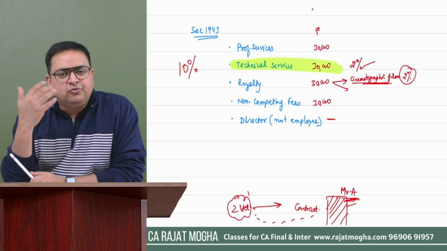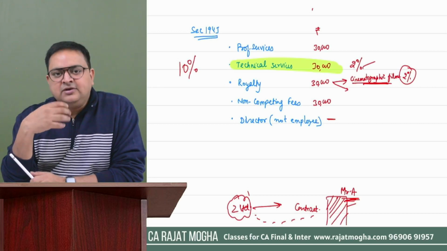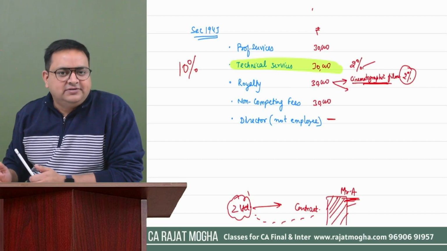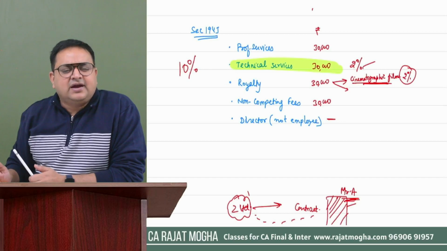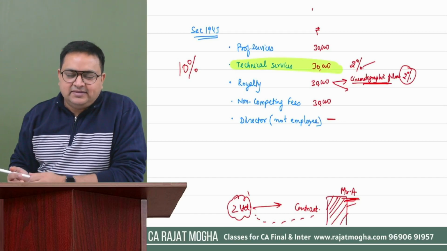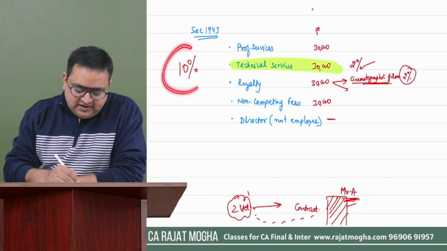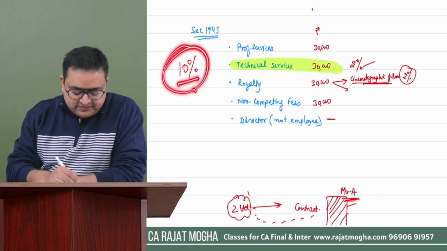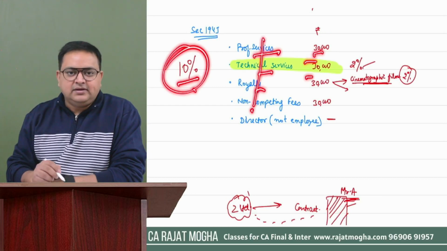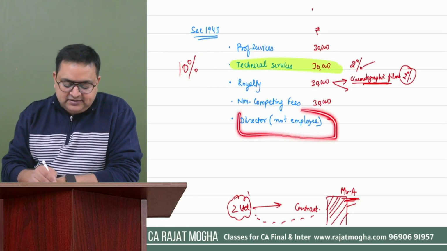Let's say there are so many of our customers who call us, so we have outsourced this to a call center. So it's a kind of contract which we have given to them, so that also, a 2% TDS rate will apply in that case. Otherwise the TDS rate will be 10%, and the limit is 30,000 for each individually. Please don't club it. And for directors there is no limit.